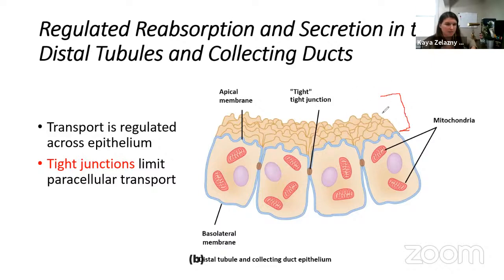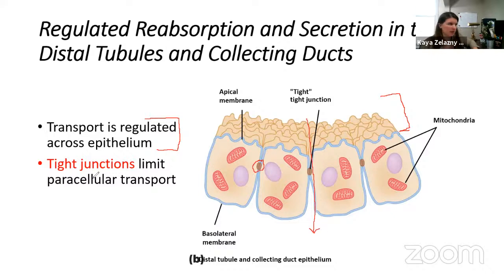So we have less surface area here for reabsorption. What we're doing instead is we're really tightly regulating what will get reabsorbed here and also secreted. So our tight junctions are much tighter as well, which means we're really limiting paracellular transport. So we're really limiting what can kind of just sneak right by these cells.